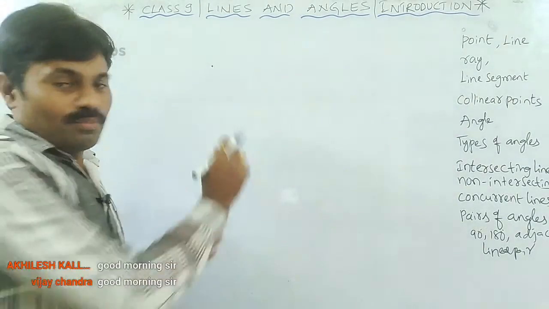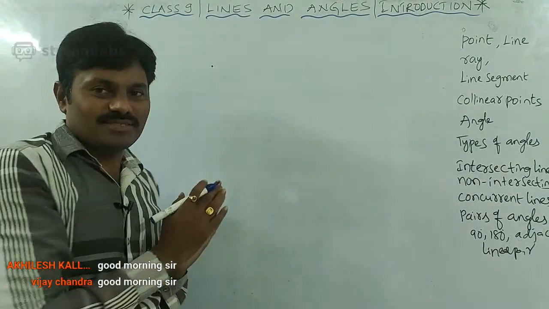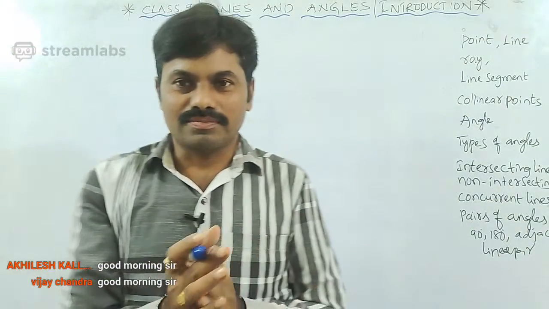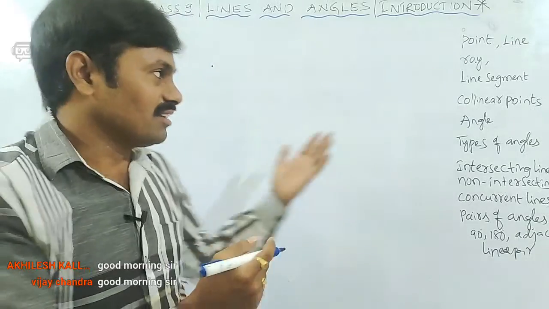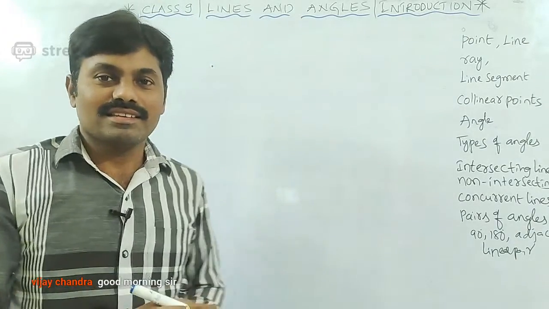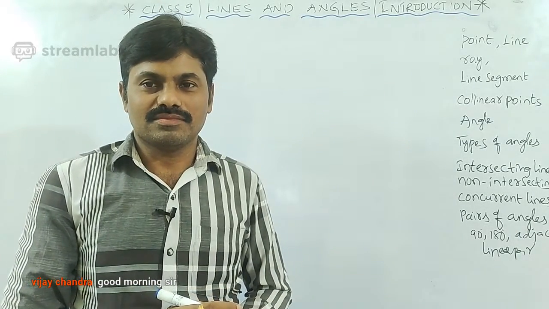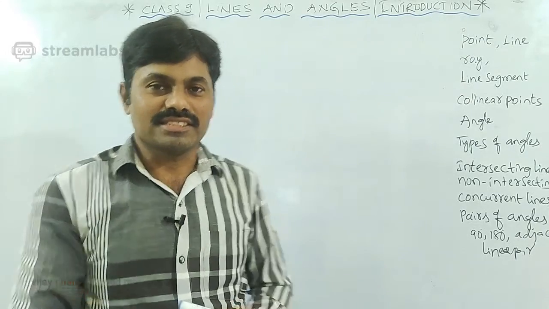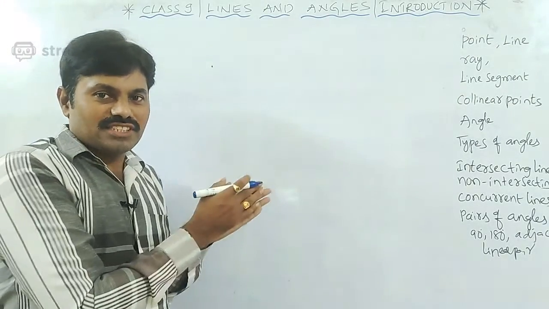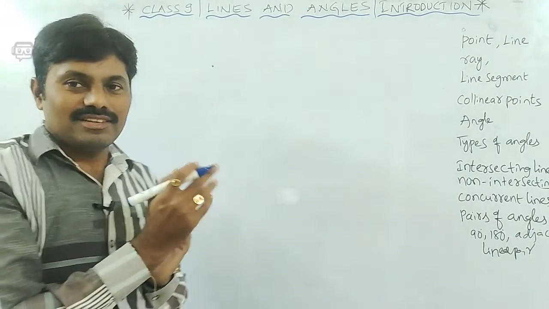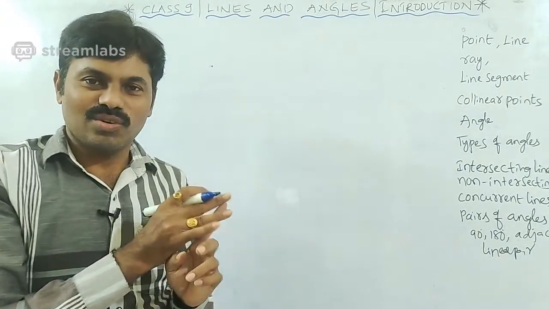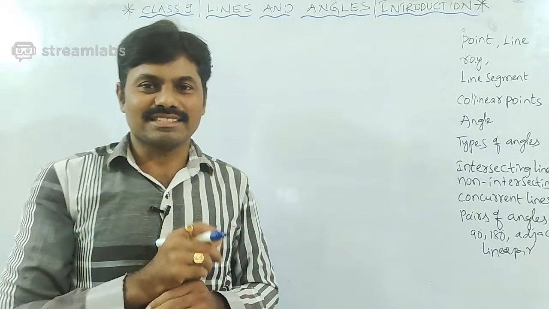Okay, so I have put a dot here. Usually we call it a dot, or else we can call it a point. According to the definition, a point has no length, no breadth, no thickness.